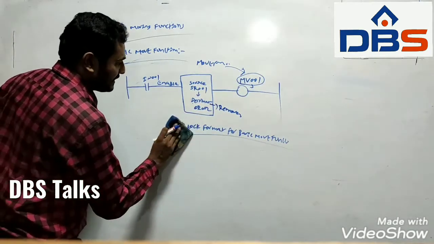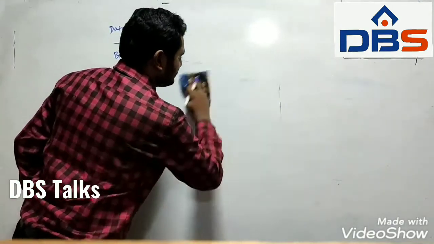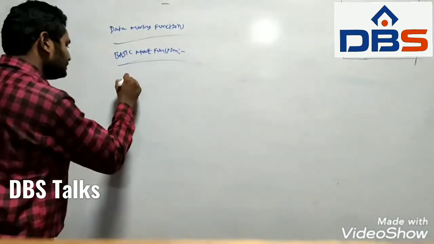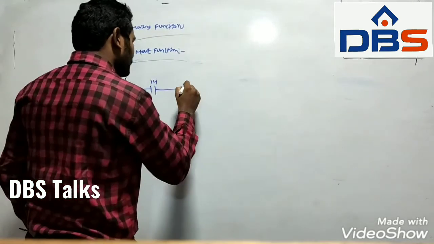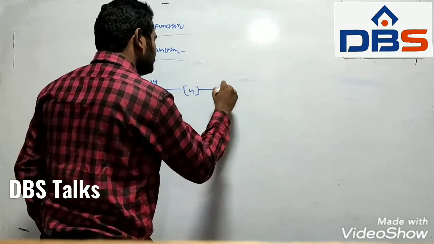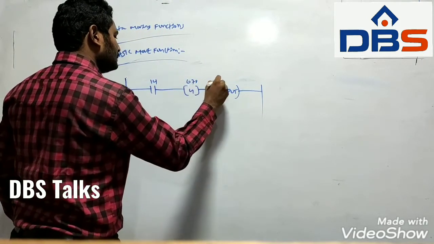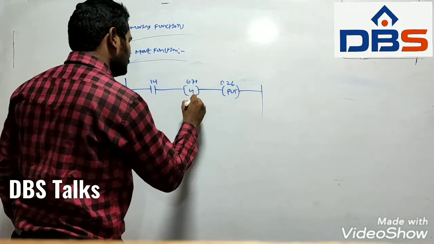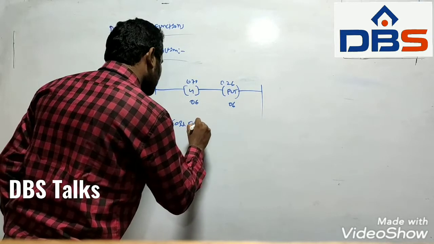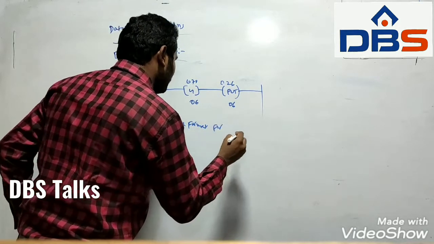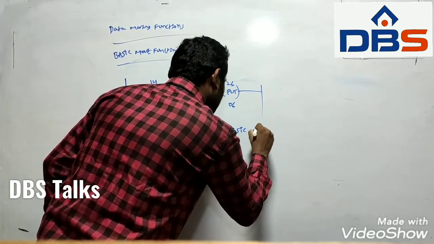And coming to coil format for basic move function, we have another diagram. Here I am taking one coil. So this is the coil format for basic move function.